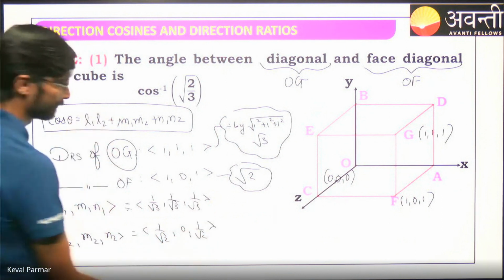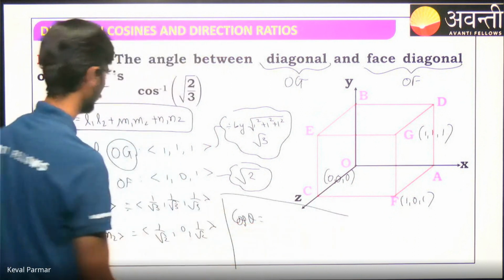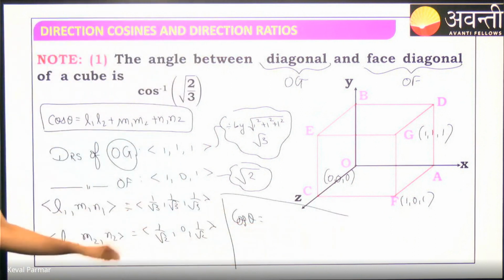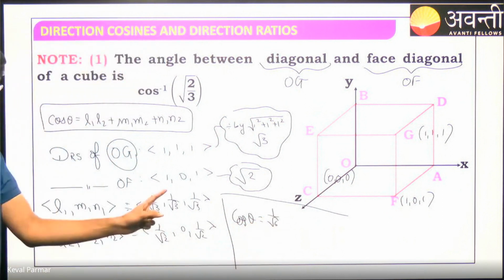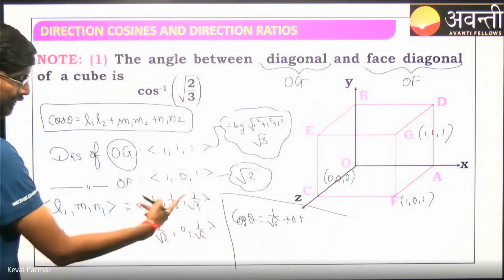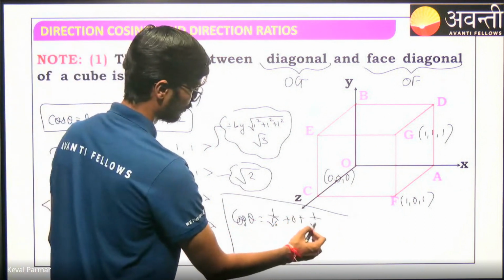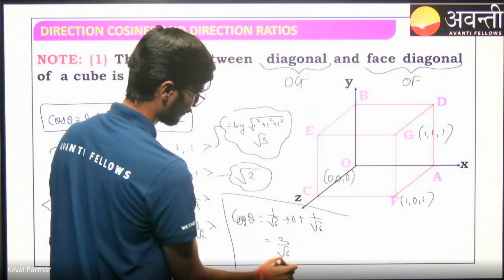Substitute it here. So I'll get cos theta equals L1 into L2, 1 by root 6, plus M1 into M2, 0, plus N1 into N2, 1 by root 6. So I got 2 by root 6.